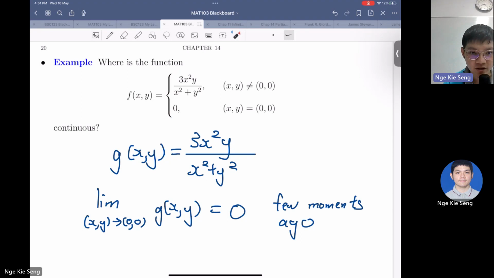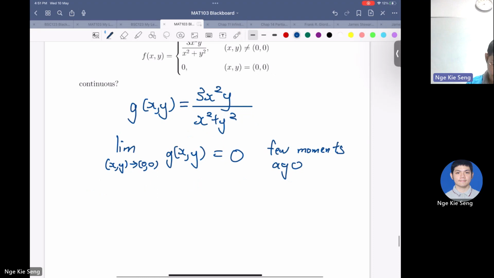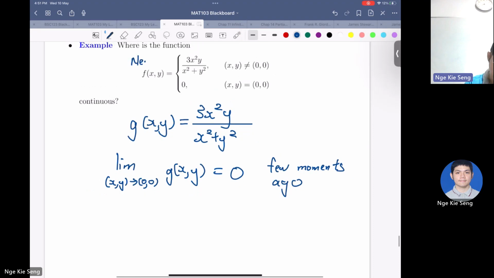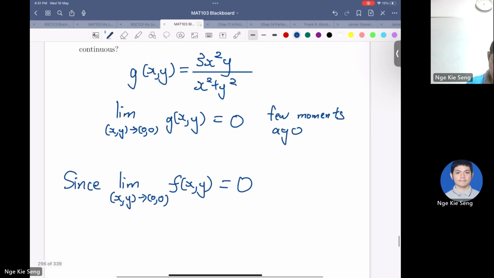Okay, so let me write down. So this is a new function we define, right? So since the limit of f(x,y) as (x,y) goes to 0, 0 equals 0, and we have f(0,0) equals 0, we define it piecewisely.